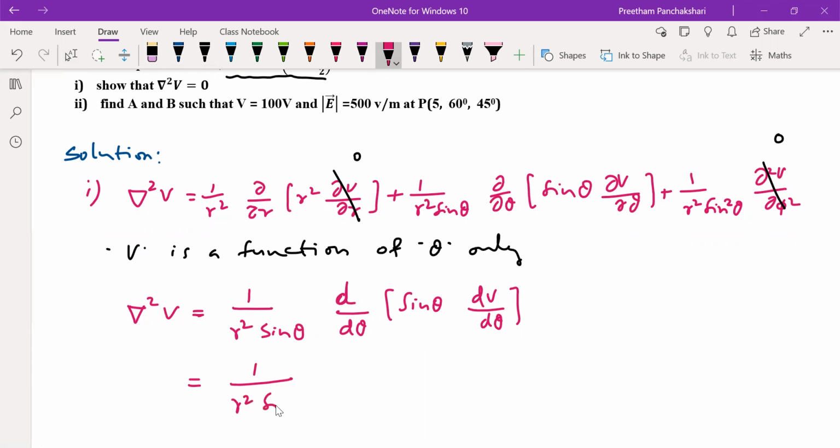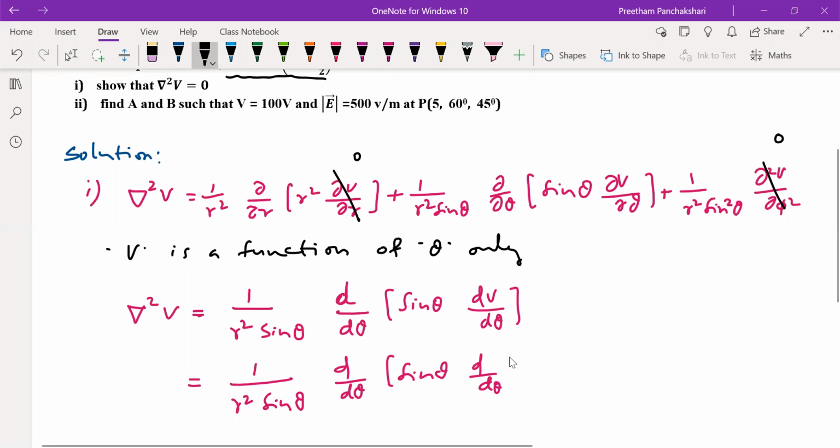1 by r square sine theta, d by d theta of sine theta into differentiation of V. So let us substitute V here.